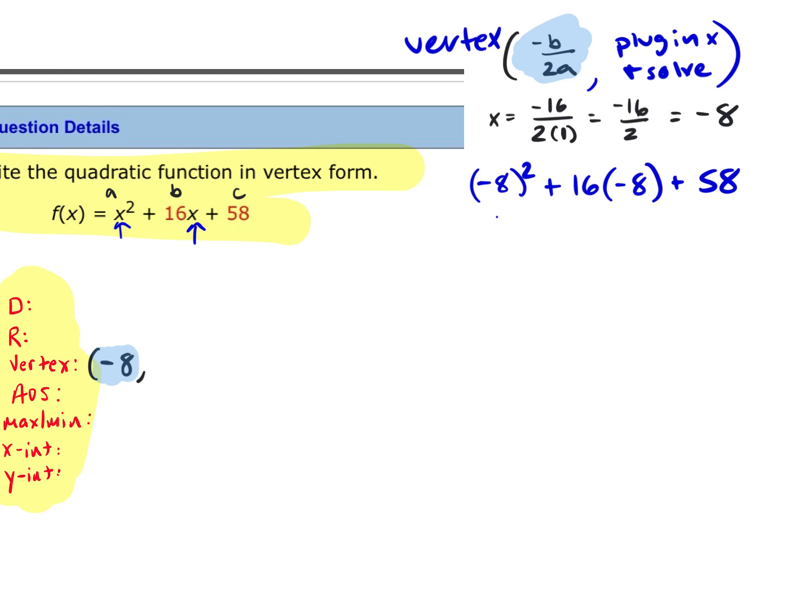So negative 8 squared would be 64, plus 16 times negative 8 would be minus 128, plus 58. 64 minus 128 would be negative 64. Negative 64 plus 58 is negative 6. So our y in our vertex would be negative 6.